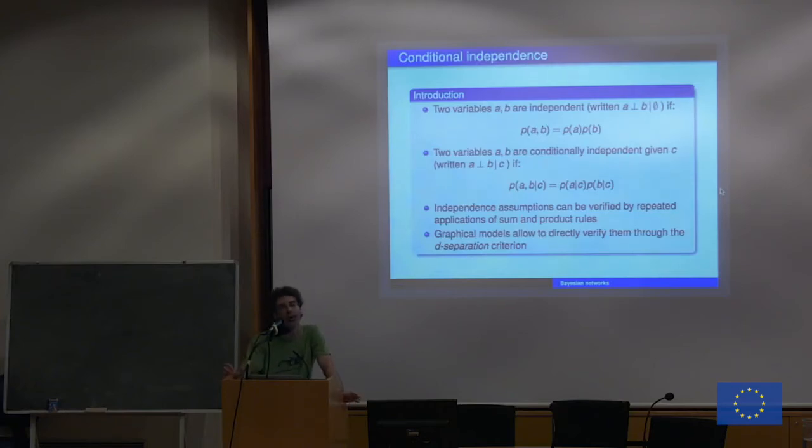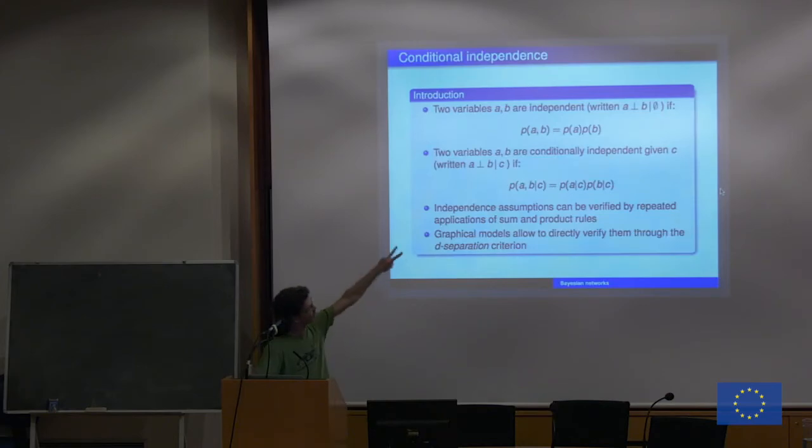Okay? There is no influence of each other. And two variables are conditionally independent given another one if their joint probability given the other variable is equal to P of A given C times P of B given C.